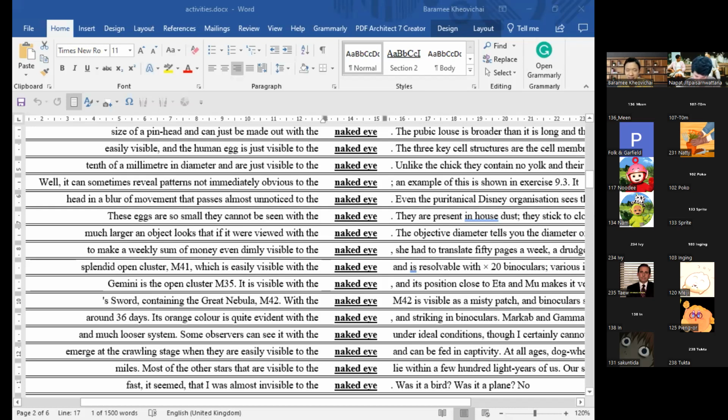So the frequency list is basically a list of words that appear in the corpus data and their frequencies. And normally the words on the list are arranged from the highest frequency to the lowest frequency.